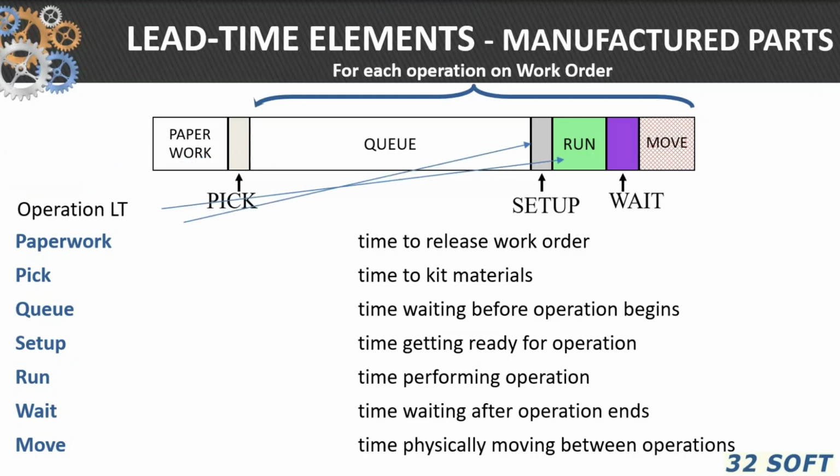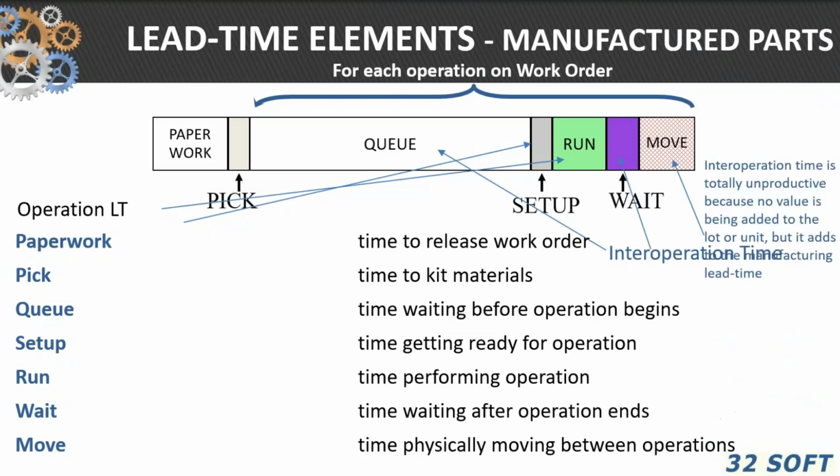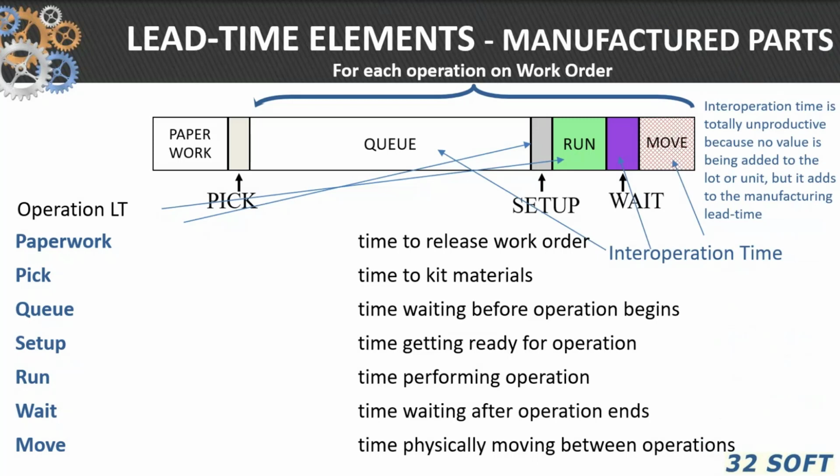You can look at the operation lead times as the setup and run time, and then the interoperation lead times as queue, wait, and move. The interoperation lead times are unproductive. They don't add value to the part, but they do impact the amount of time that it takes to produce, so therefore your manufacturing lead time.